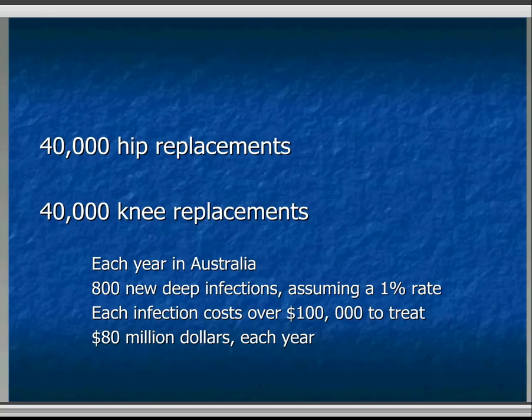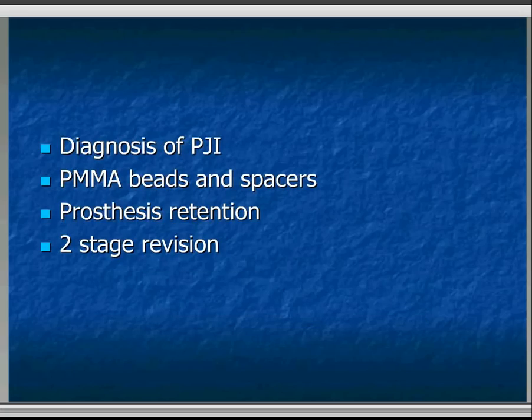So look, I'm just going to give a little bit of an update on prosthetic joint infections rather than an overall all-encompassing lecture, but it will cover a lot of the important topical things at present.